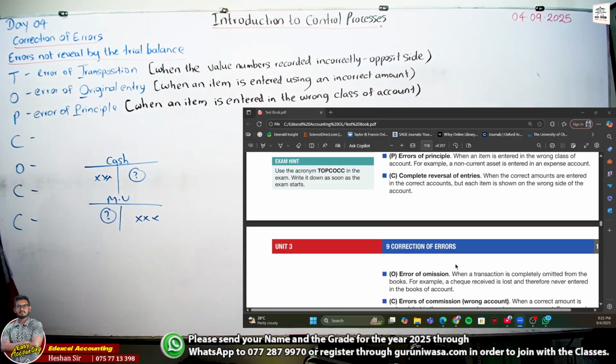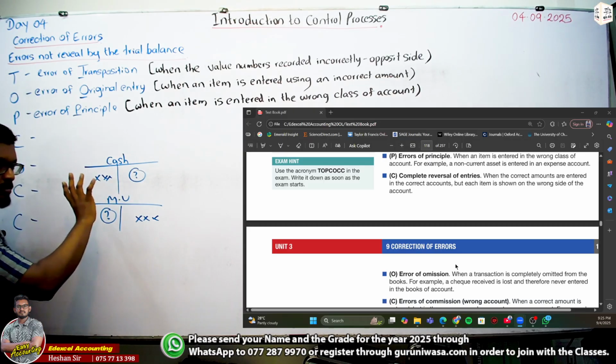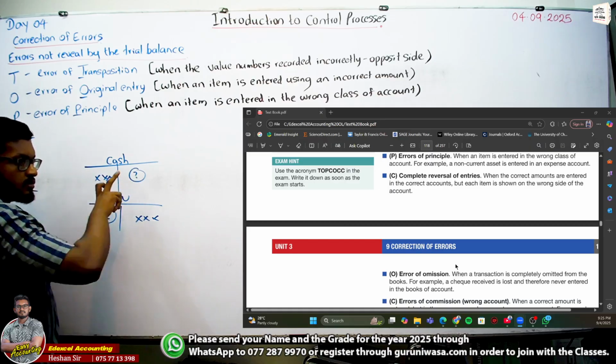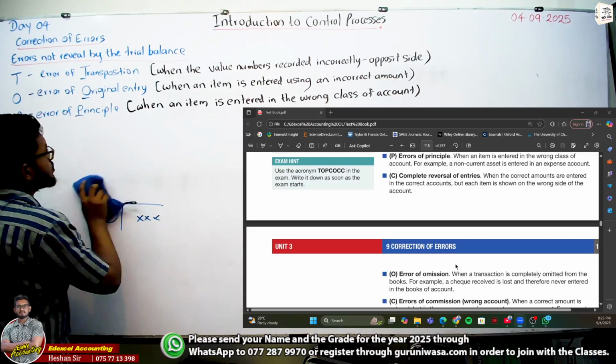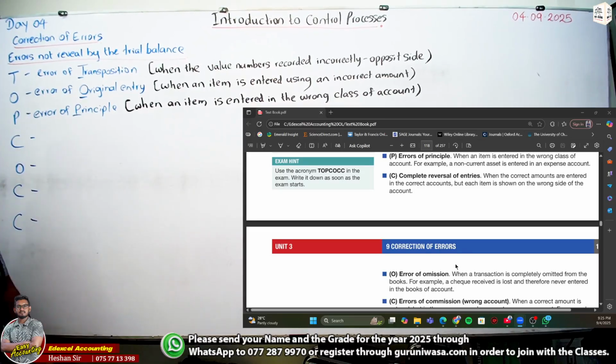Understand? So this is the term called complete reversal of entries. This is the correct side, but we recorded it on the incorrect side, right? So we call it complete reversal of entries.